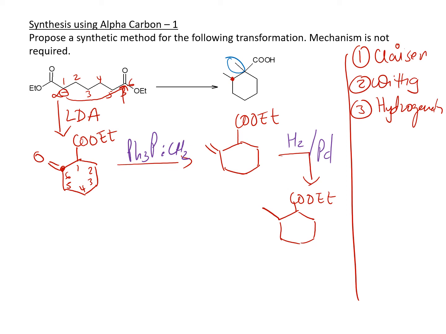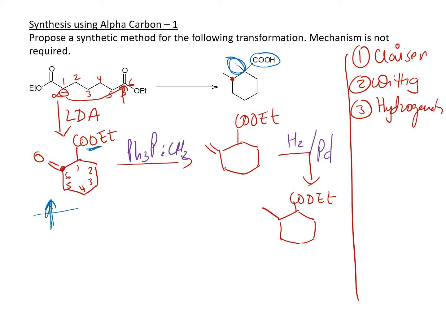And the way to add a methyl group here next to an ester, not an acid, but an ester, is going to be through another alpha carbon chemistry. Now, the alpha carbon is fine, but if I were to do that on this compound right here, I would have many alpha carbons. I would have at least 2 alpha carbons, carbon number 1 and carbon number 5.